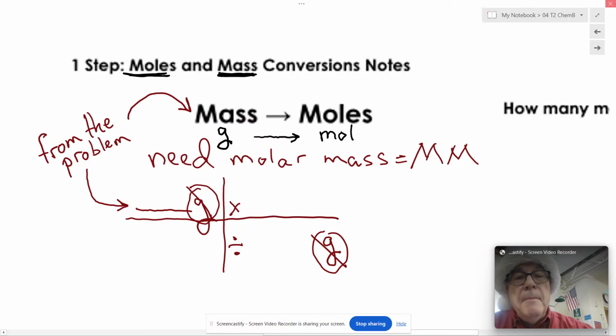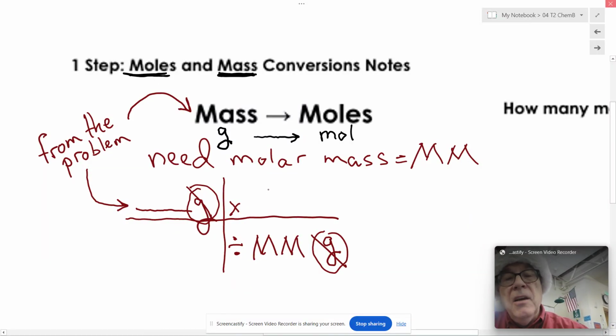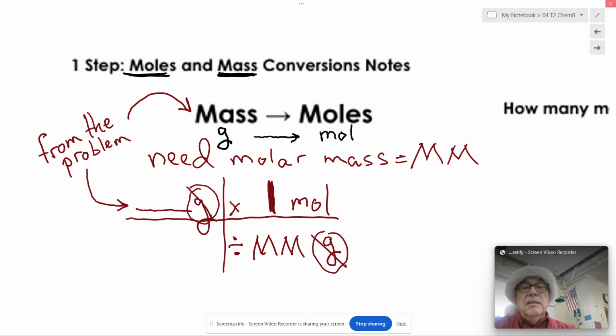And this grams down here is actually the molar mass, and that's the number of grams in 1 mole. So this number that has mole by it, in all the problems we're doing this week and the first week in January and probably the second week in January, every time you write a mole, you'll write a 1 by it.